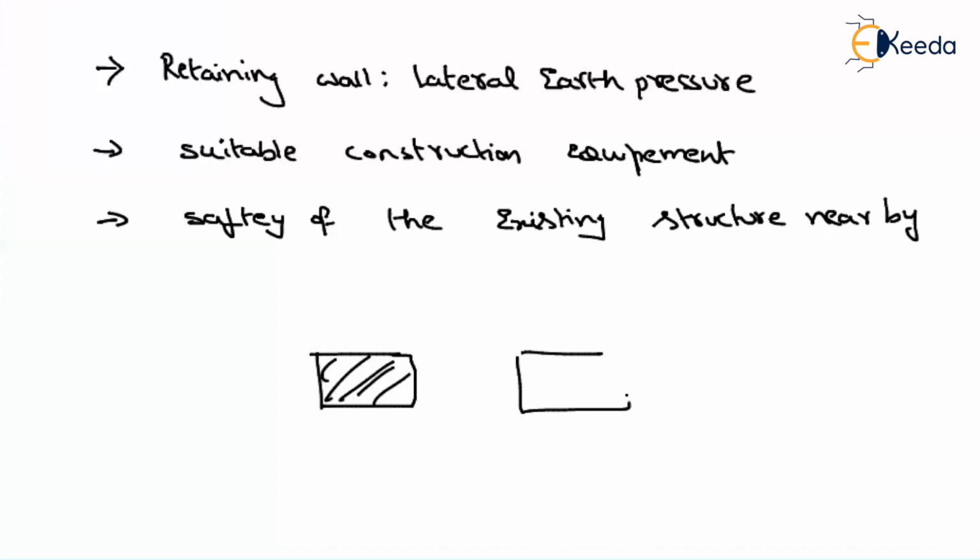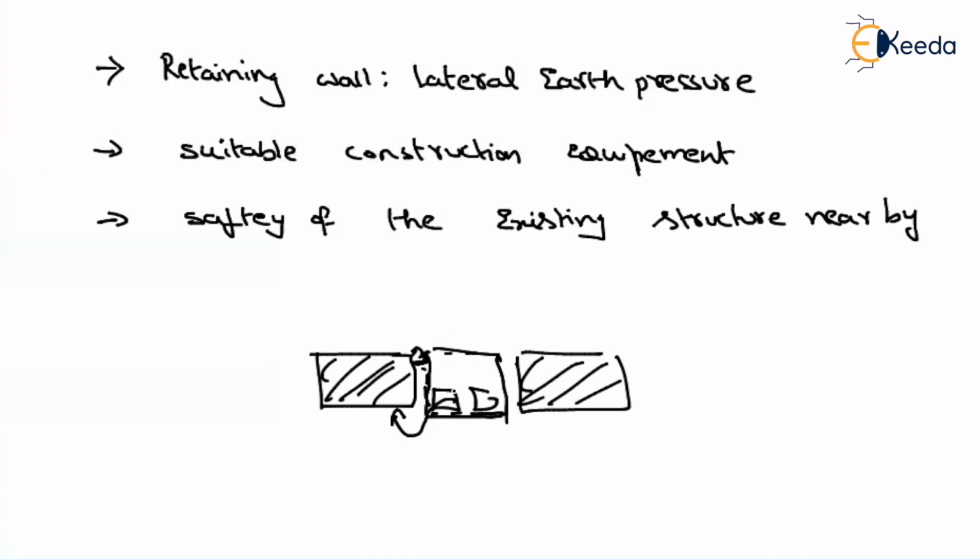Here also there is already another constructed building. If you want to construct any structure in between, and your offset length is very, very less, then first you will excavate this soil, and as this offset is very small, this construction may impact the safety of the structures nearby.